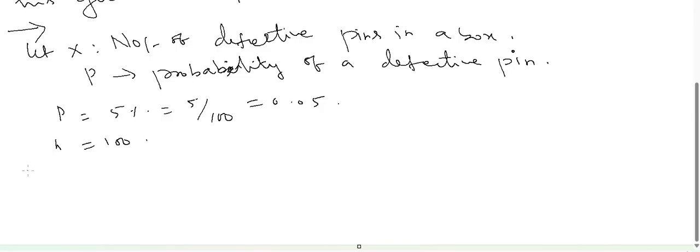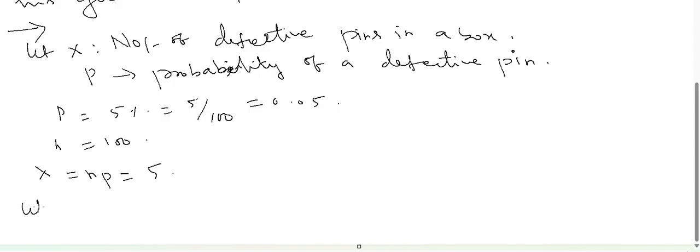I told you, we can convert the binomial distribution into a Poisson distribution when we need to find the mean, mu or lambda. That can be defined by multiplying n into p. Now we know, so we can multiply that. So lambda becomes 5.